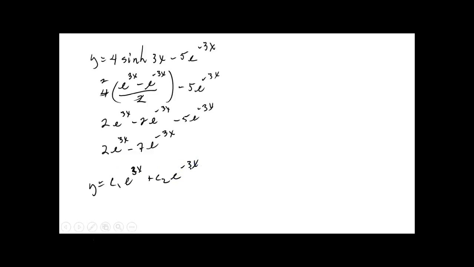Right? That was your general solution. Well, with c1 equal to 2 and c2 equal to negative 7, that's exactly it. So, of course, that's the solution. So, I don't know why they decided to put even this one in there. It's just crazy. All you were doing is playing around with hyperbolic sines.